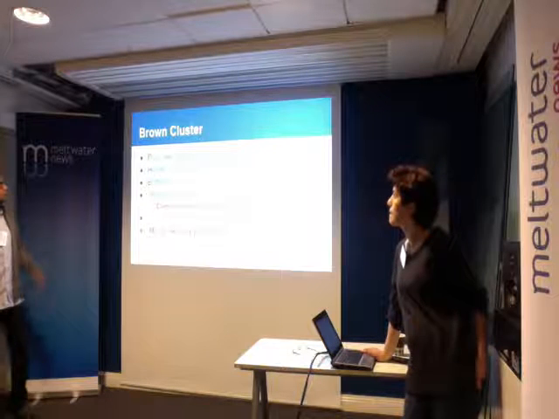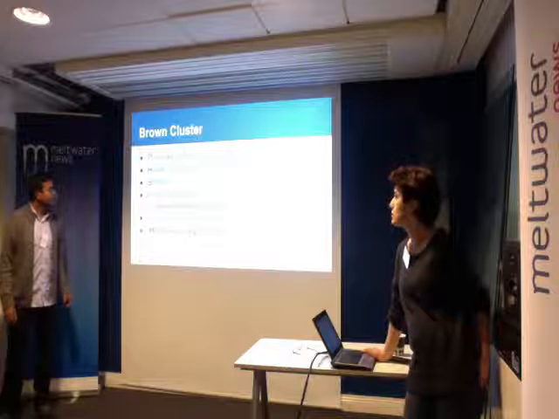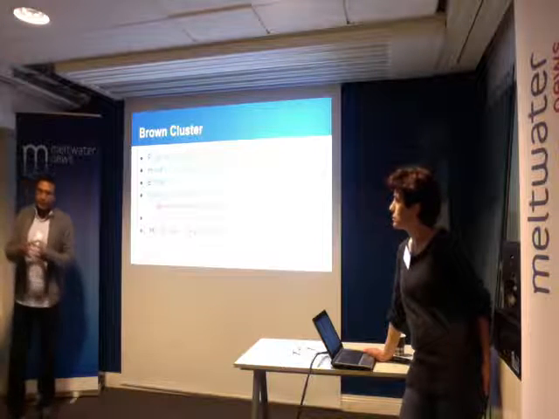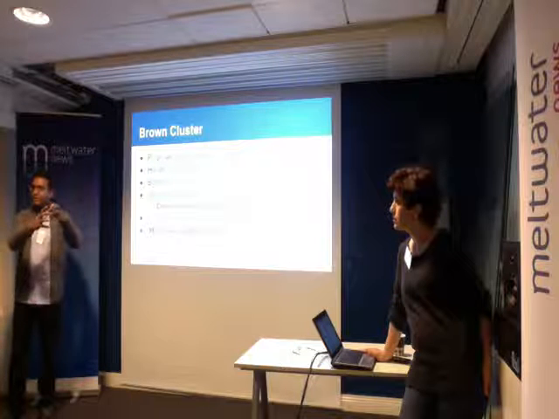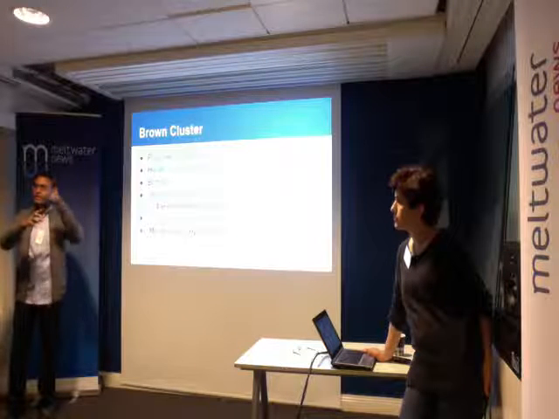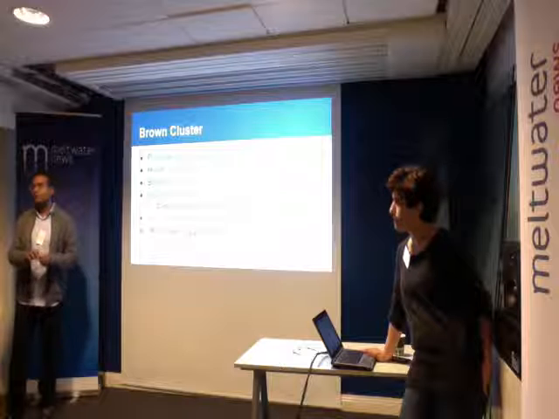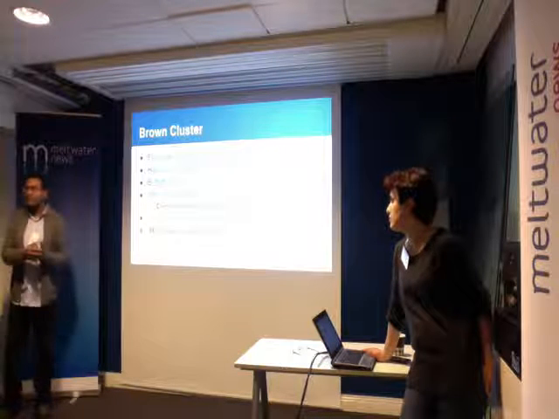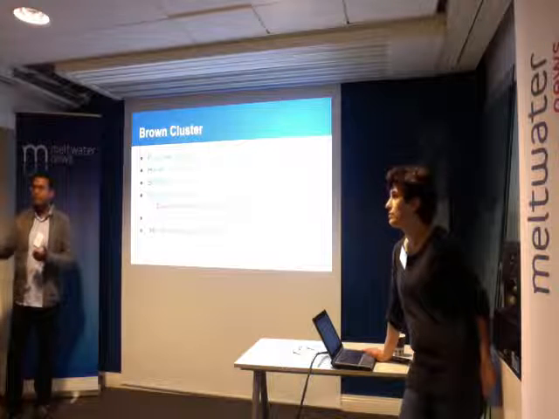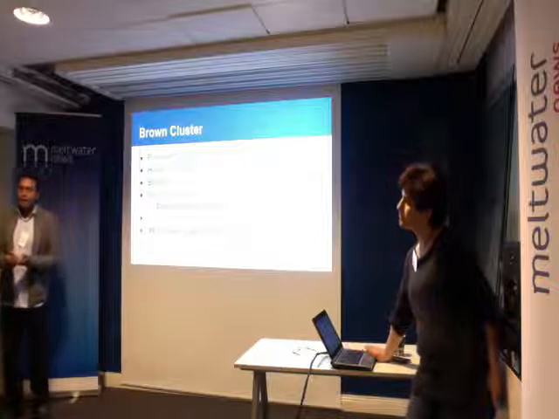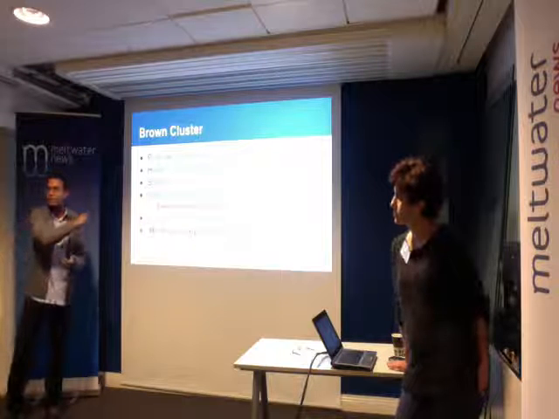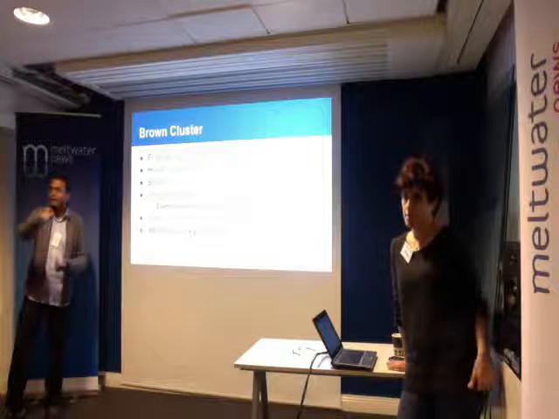Brown clustering is a way to group words which are contextually similar. To do that you need to apply an unsupervised method, because it is very difficult for us to read millions of documents and label them.